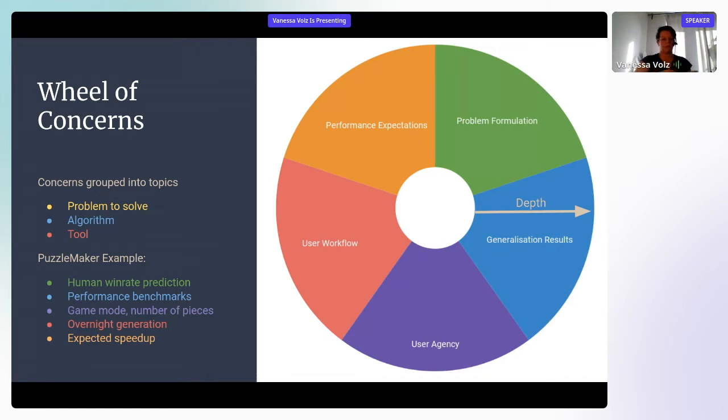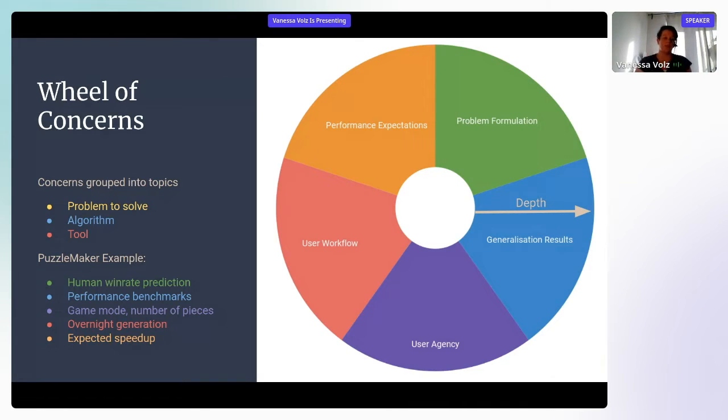So how well does this method work on different games, on different levels, with different statistics, for different users. And you can specify the kind of depth that you need to be able to answer this question. You don't need to go in depth.